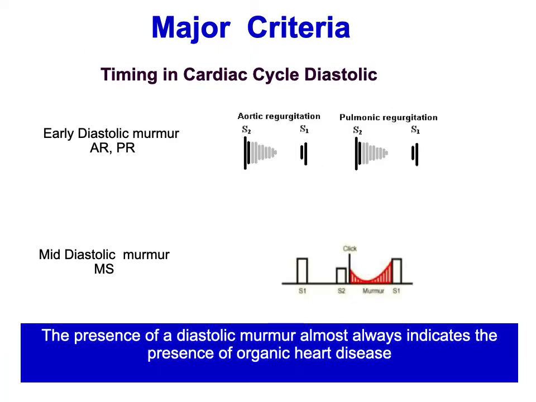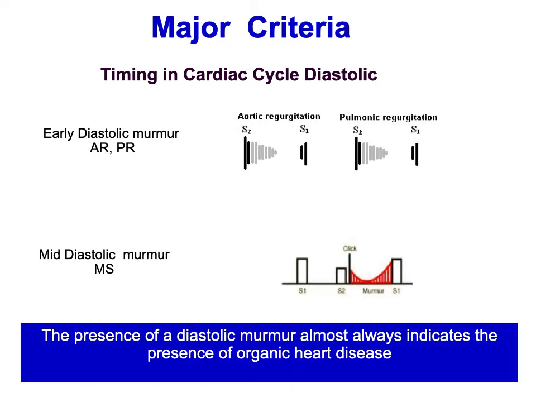Among the diastolic murmurs, the age-old teaching is the mid-diastolic rumbling murmur of mitral stenosis. It starts with the second heart sound following the opening snap, as in the lower picture, then gradually fades off, and again it picks up with a pre-systolic accentuation due to atrial contraction. This is found in the apex.